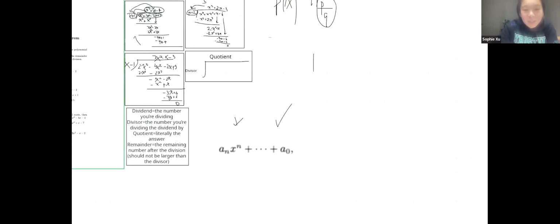So we have this polynomial P of x. And we know that if P of A is equal to 0, so if you sub in A and it is equal to 0, then x minus A is a factor of this polynomial.